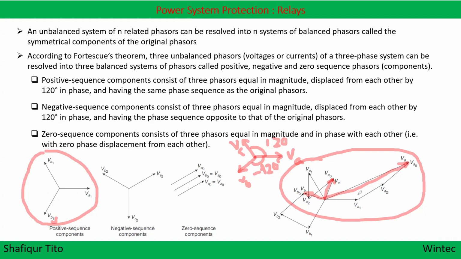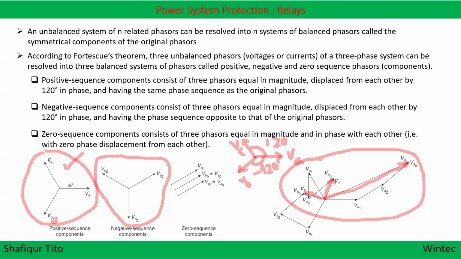So this unbalanced system, I will decompose as one positive sequence, and then I will decompose the negative sequence. In the negative sequence, you can see that VC and VB have changed their positions. Now I have VA, then C, then B. That means it is just opposite.